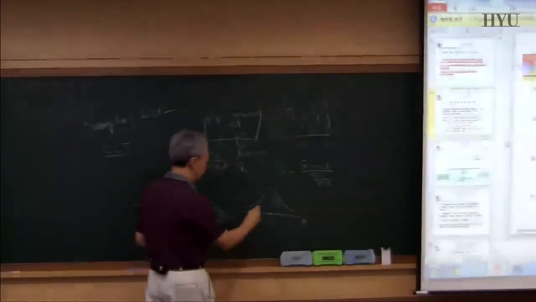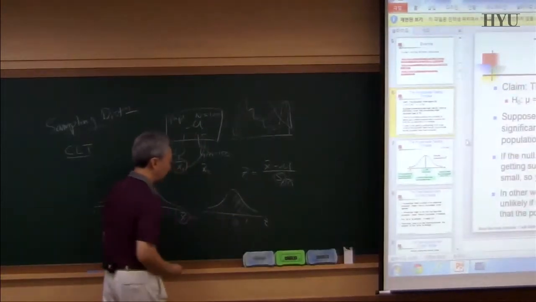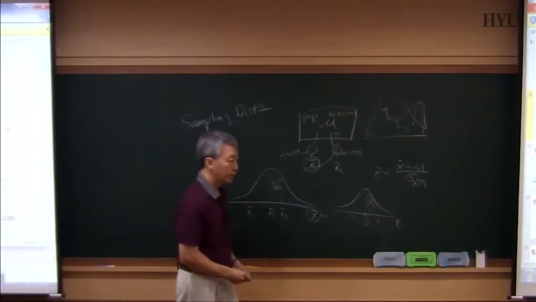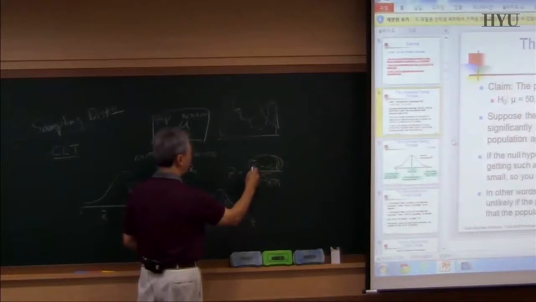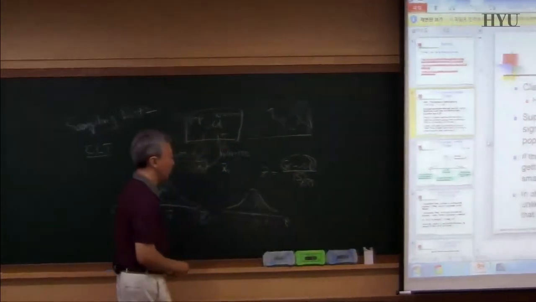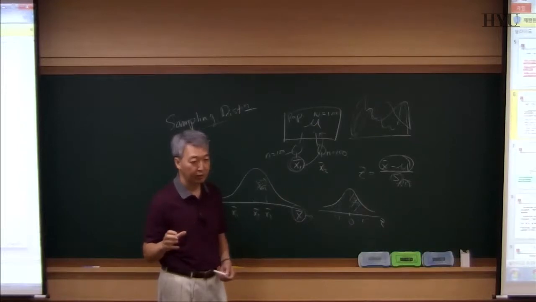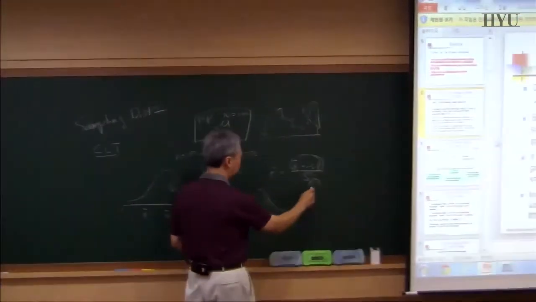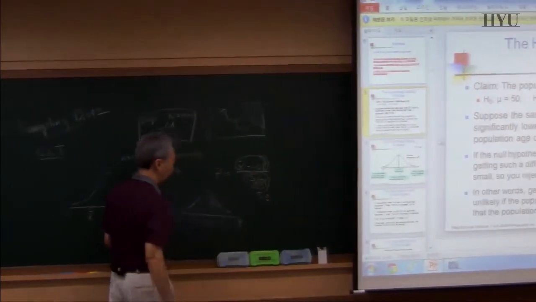And then between -1 and +1 on the Z-score, which means the difference between the actual number and the center is exactly 1 times the standard error. This is what we call standard error. Okay?